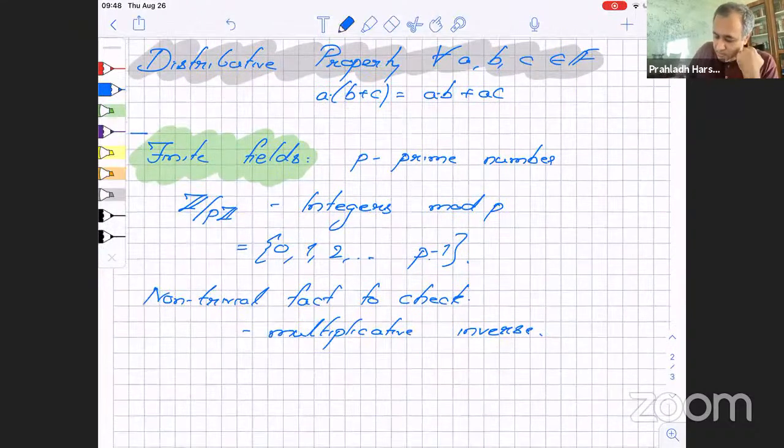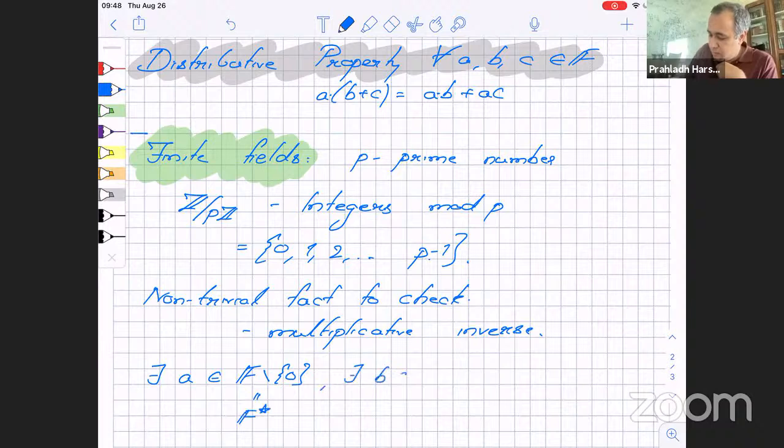That is, for all A in F minus 0, which is usually written as F star, there exists a B also in F star such that A dot B equals 1. This is what I care for.